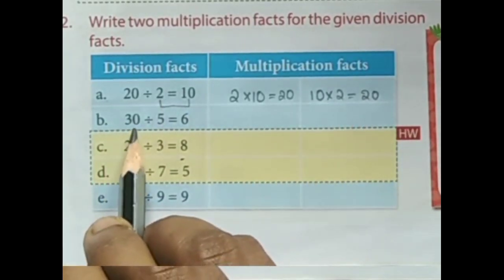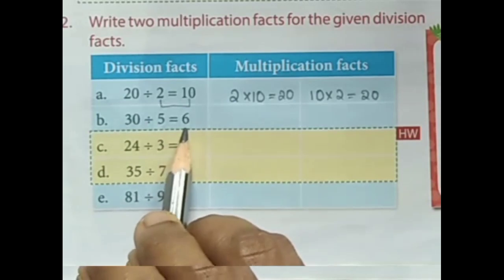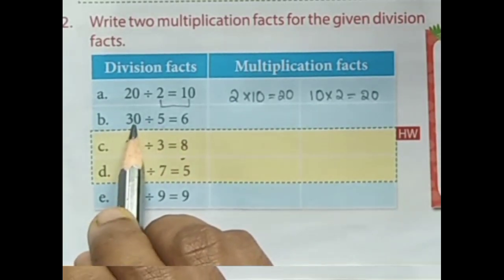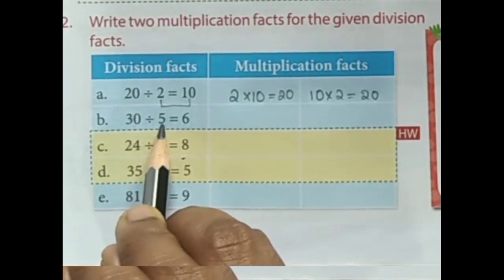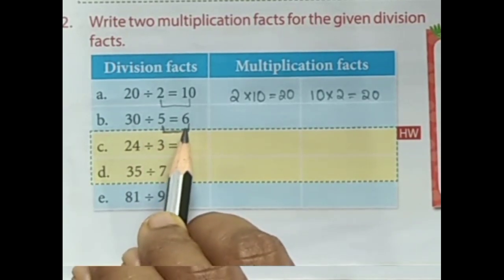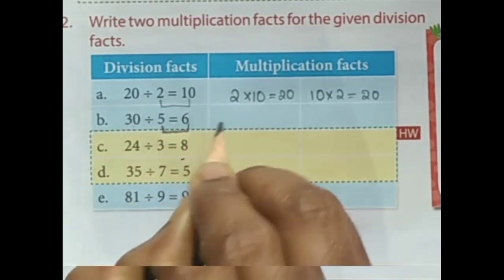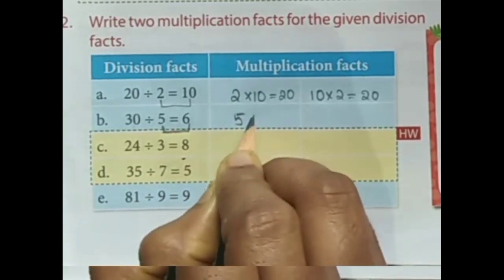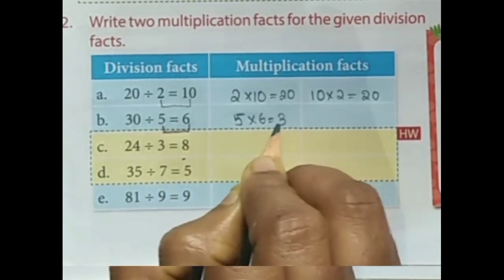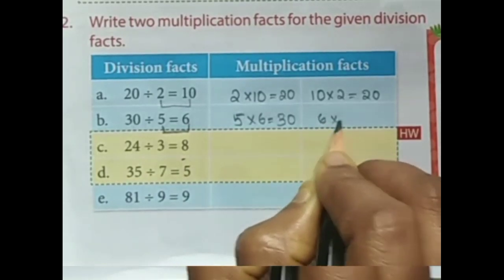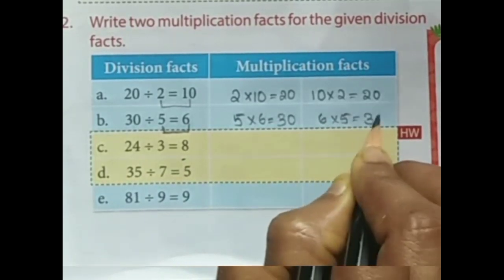Our next question is 30 divided by 5 equal to 6. To get the number 30, we should multiply the number 5 with 6, or we can multiply the number 6 with 5. So the two multiplication facts are 5 into 6 equal to 30, or 6 into 5 equal to 30.